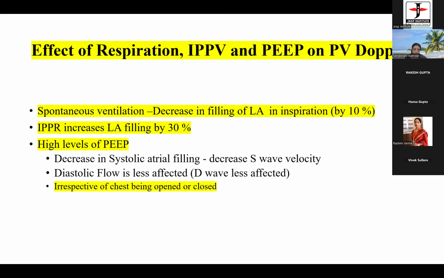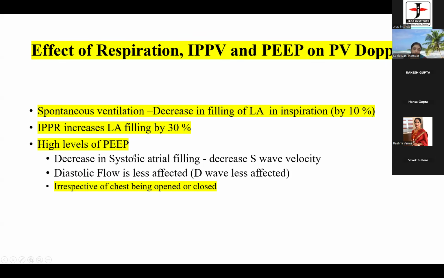Correct. Because of positive end-expiratory pressure, during expiration you expect decreased activity of the lung, but here we are applying positive pressure, so there is a reduction in the venous return. So much so that there is always hypotension. One has to take care, and one should not give PEEP more than 5 centimeter of water or 10 centimeter. We have to look at the blood pressure basically. High levels of PEEP are required for many patients who have low saturation.